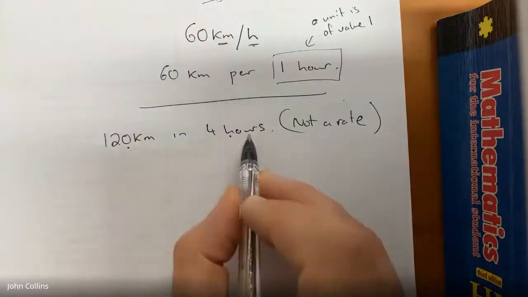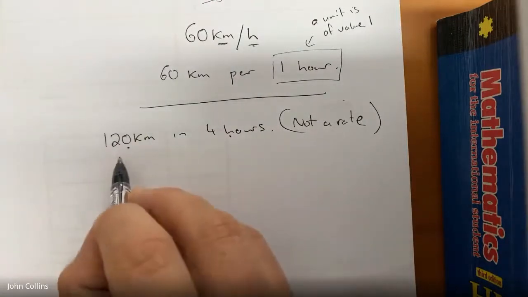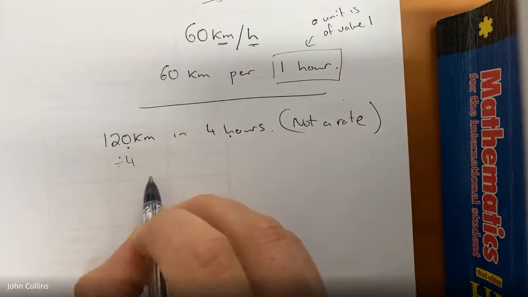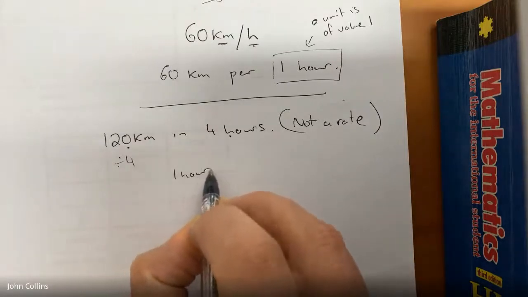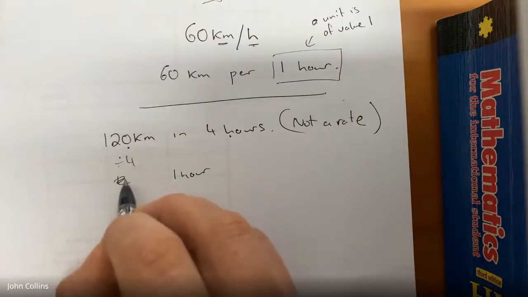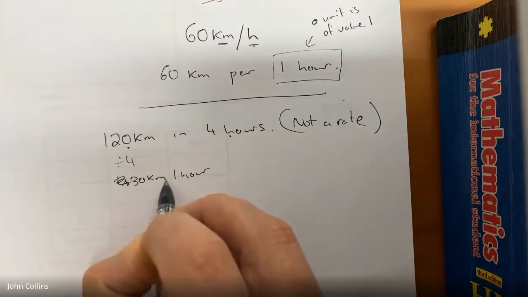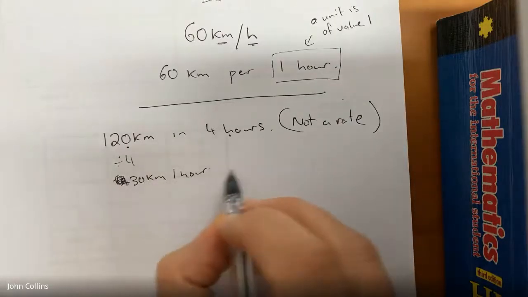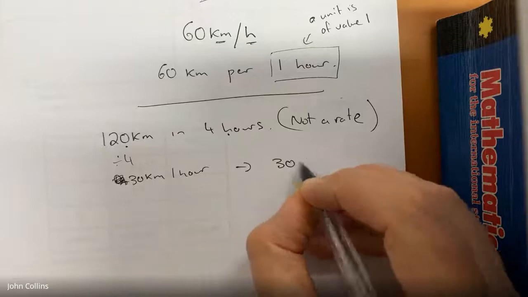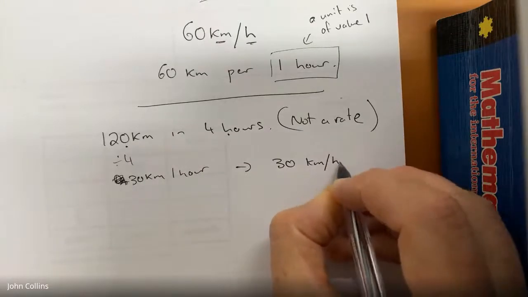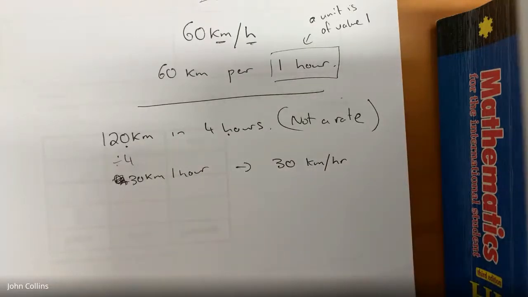How many kilometers did I travel in 1 hour? Well, divided by 4, we'll get 1 hour. And that's 30 kilometers in 1 hour. How do I write that as a rate? 30 kilometers per hour, you would say, or like that. So the rate always gets back to 1 unit.